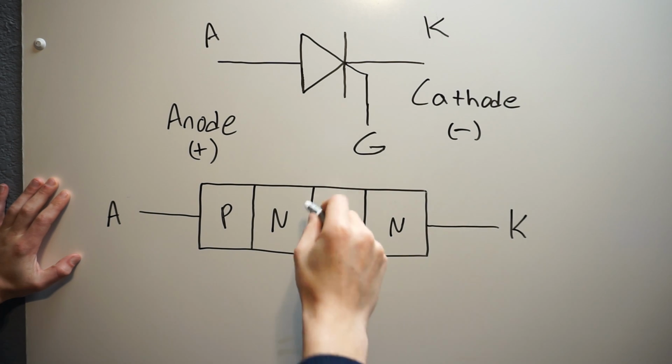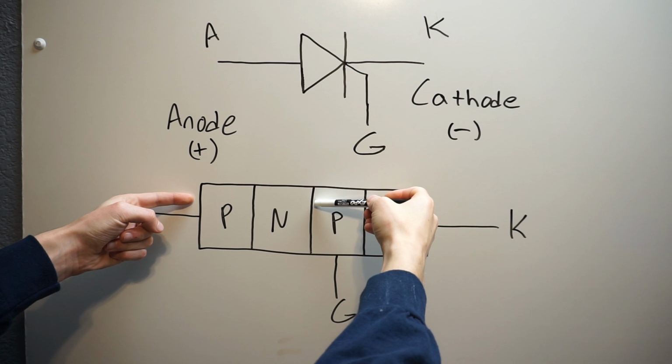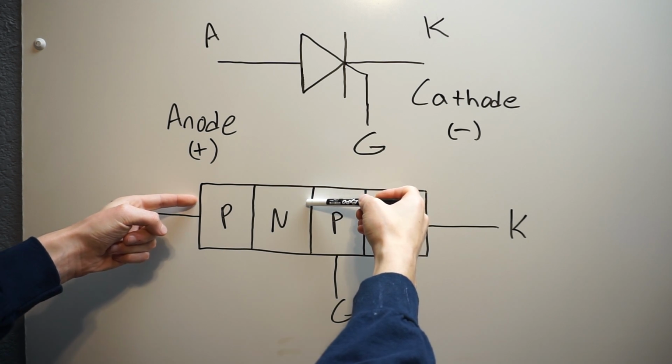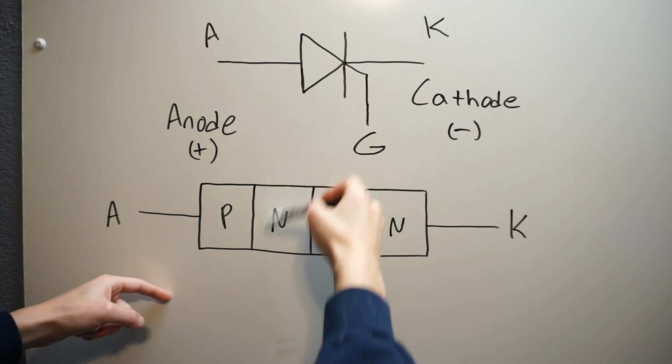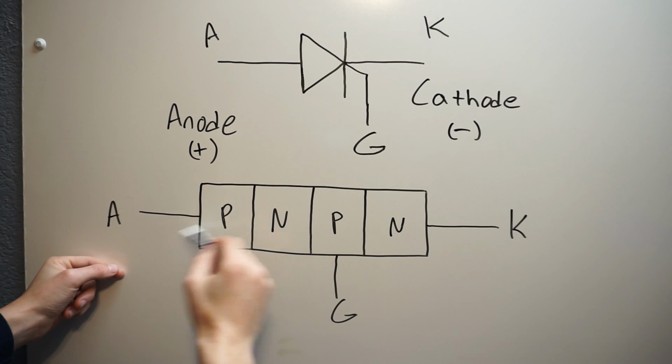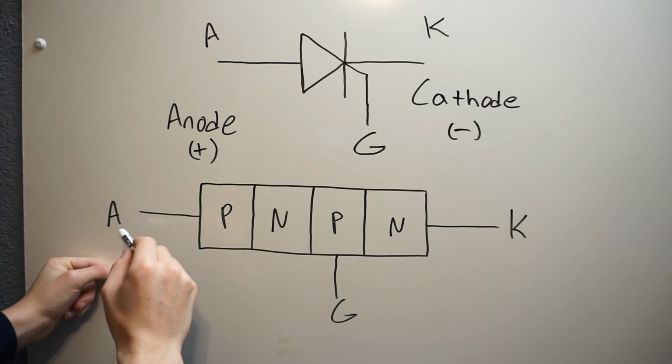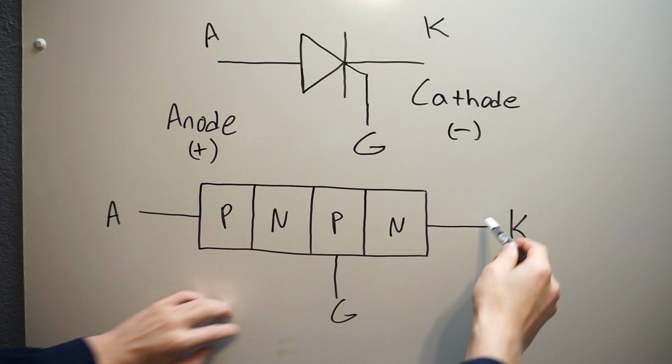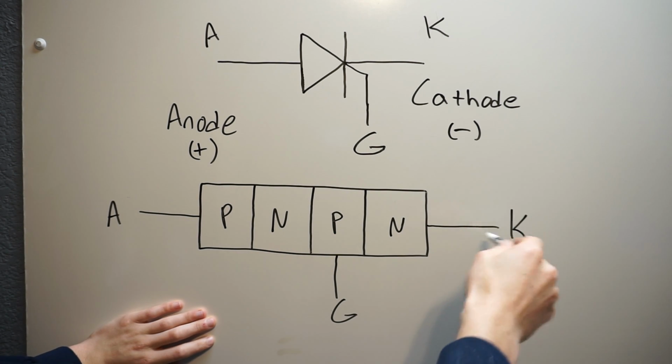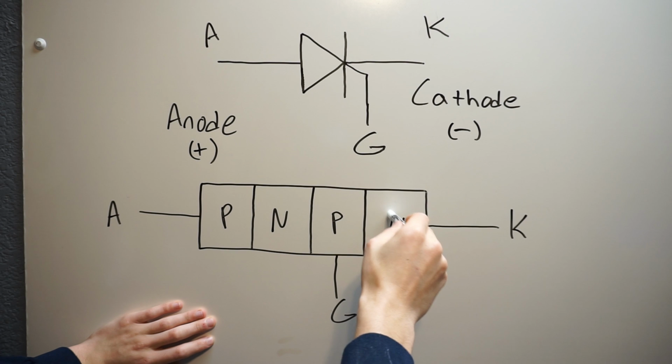If we look at these two junctions right here, this junction is going to be forward biased, right? Because your P junction right here is more positive. And if you look at this guy, your cathode is more negative, and that's going to the N junction, so it's actually forward biased.